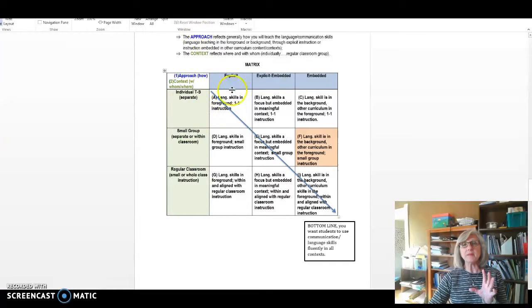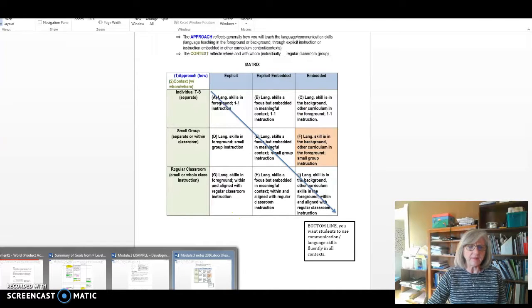And then are we going to be very explicit about the skill that we're teaching? That's usually step one. Then are we going to get explicit about it, but within a context where the skill can be used? And then are we going to look at it and support it in a context where it's embedded with other learning activities?